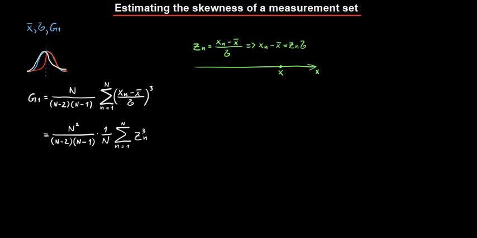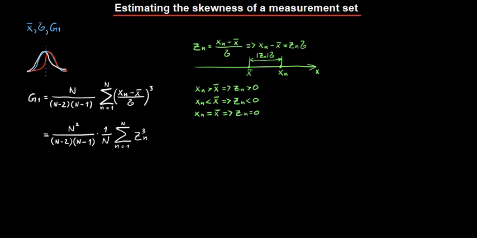Graphically, the distance between our measurement and our average is equal to the absolute value of the z-score times the standard deviation. Also, if the measurement is greater than the average, its z-score is positive. Likewise, if the measurement is less than the average, its z-score is negative. But if the measurement is equal to the average, its z-score is 0.